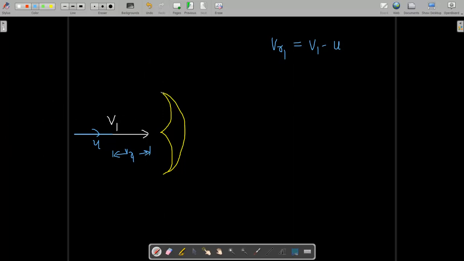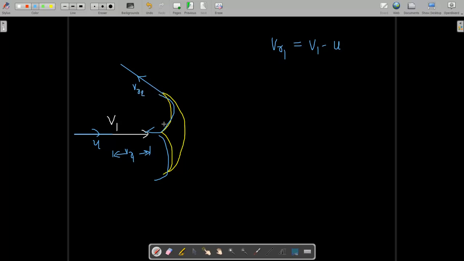The water strikes the bucket, splashes, follows this curve, and from this it is going out. VR2.